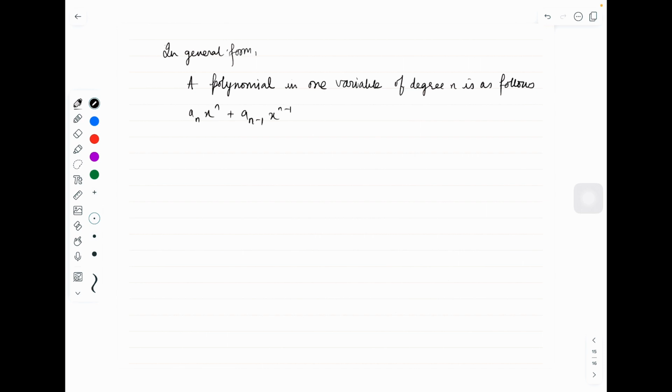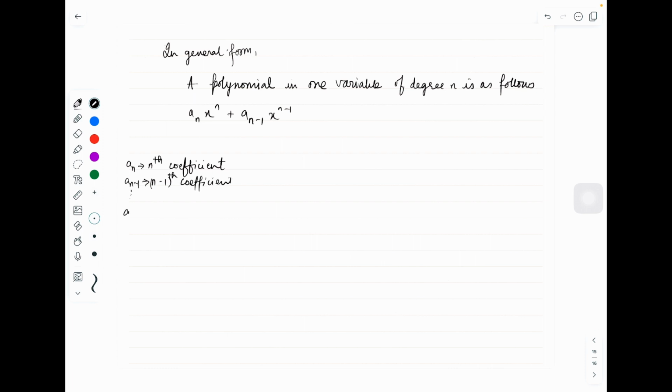See, this a n means the nth coefficient. a n minus 1 means the n minus 1th coefficient. Understood?